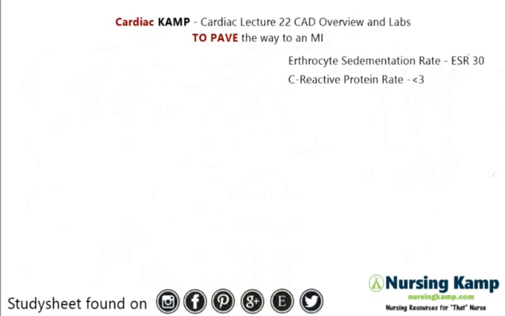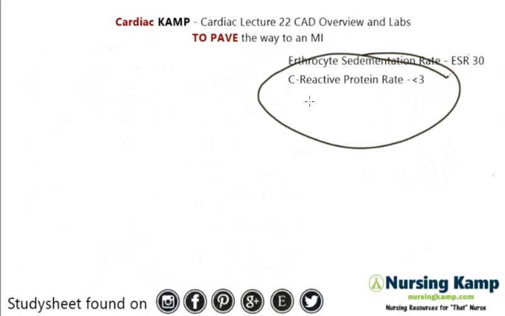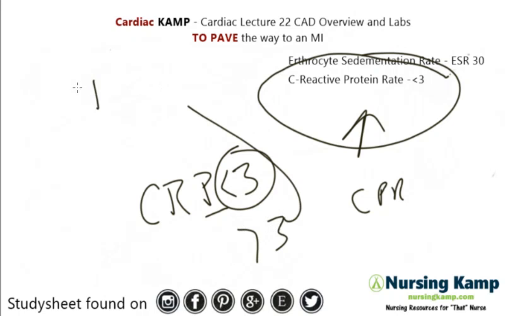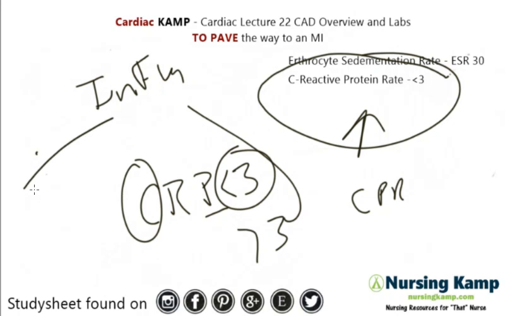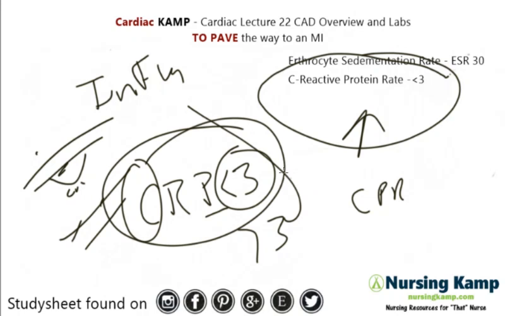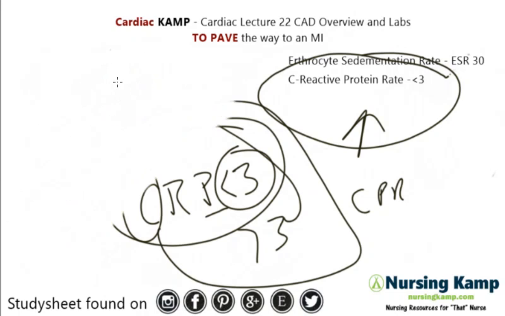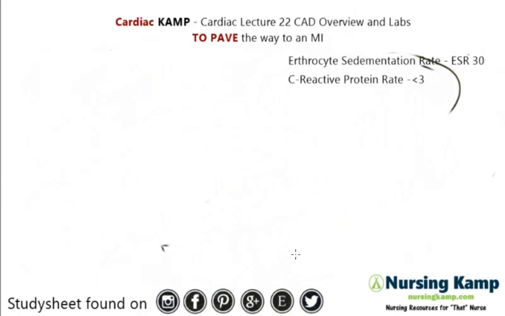But more important for what we're going to talk about is the C-reactive protein, or the CRP. I always think of CRP 3, and it needs to be less than 3. If it is greater than 3, they're at risk for inflammation, more specifically cardiac inflammation. As we talked about previously with cardiovascular disease, the first signs are calcium deposits. The CRP is also a chronic lab that says, hey, listen, your coronary artery vessels are inflamed.